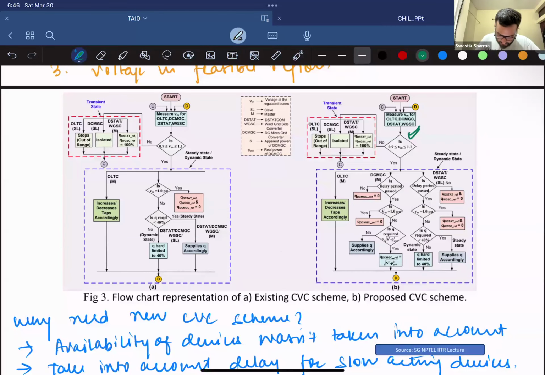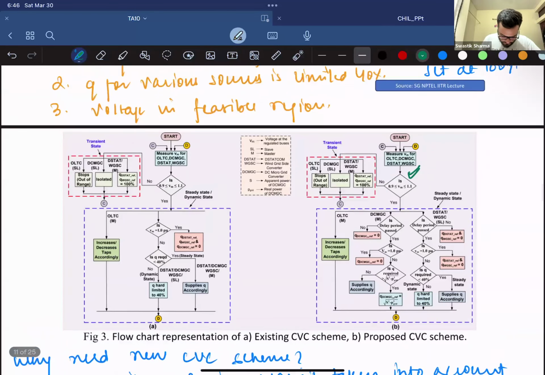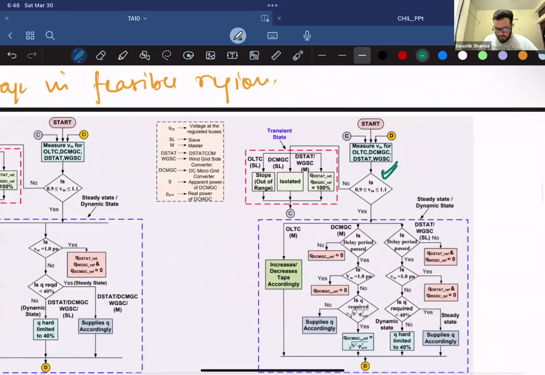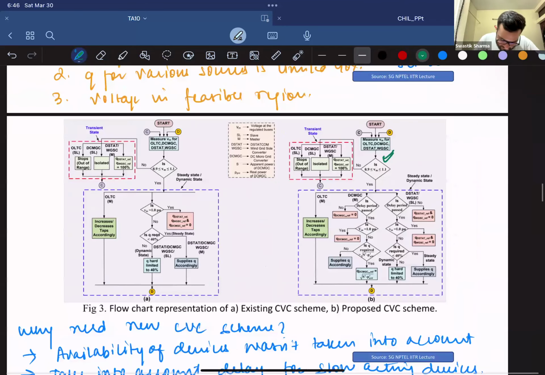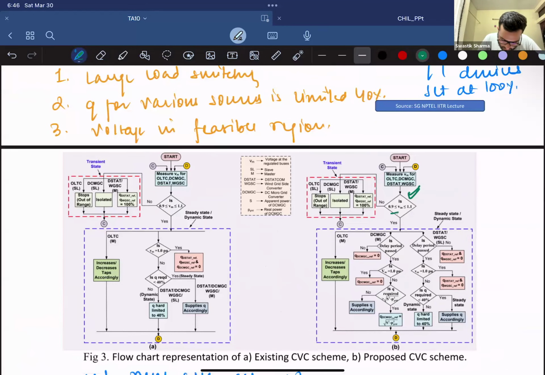So let's talk in depth about this. Let's say you check your operating conditions, and you find that your voltage is not in the operating range. That means you've propagated to a transient stage.